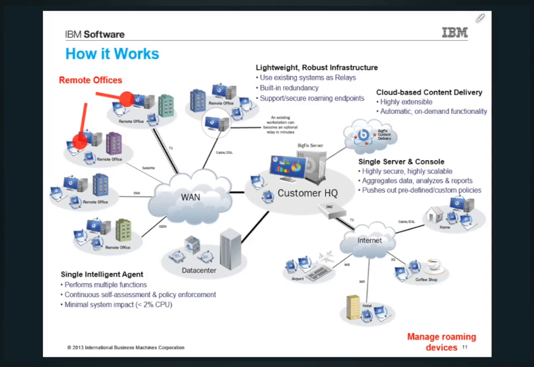The other key thing to know about the agent that sits on that endpoint is it's CPU throttled, so it's not going to go above 2%, and it's a policy-based agent, which is really key. So it enforces the policy at all times, on the network or off the network. So if someone turns their firewall off, we're going to turn it right back on again because we've set a policy for that.